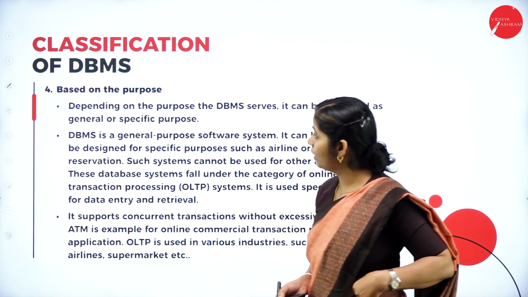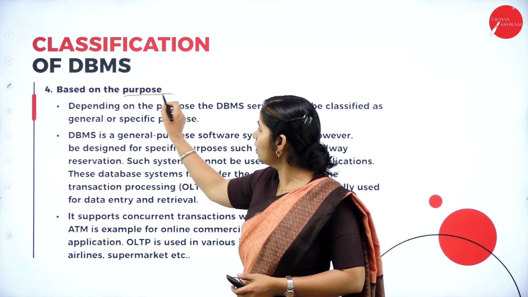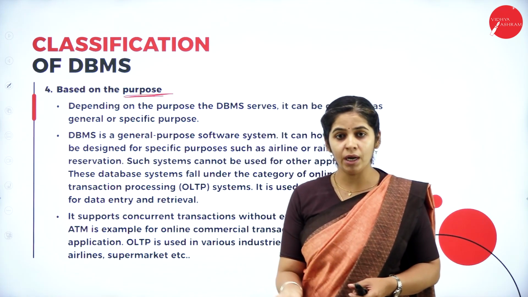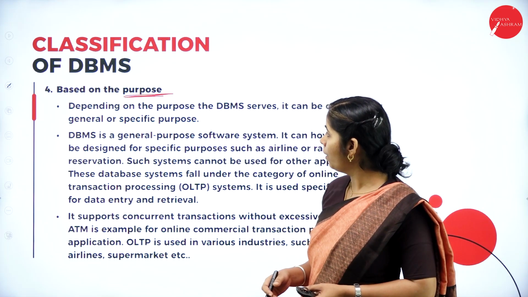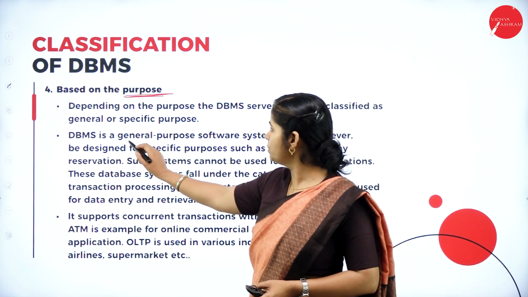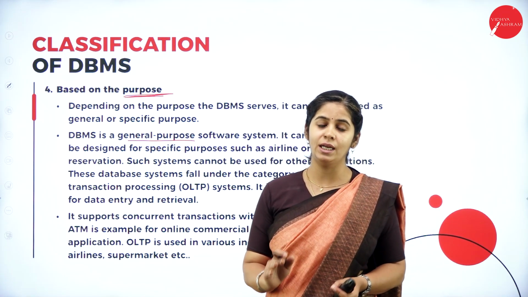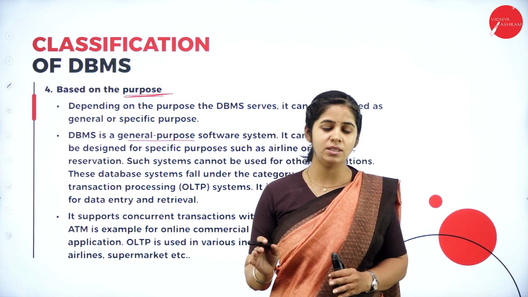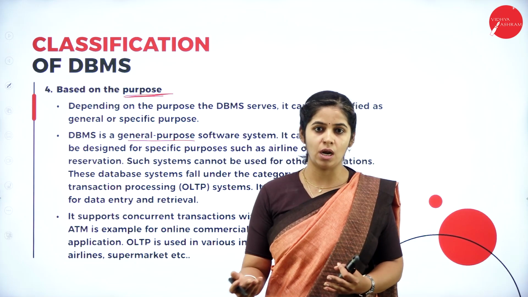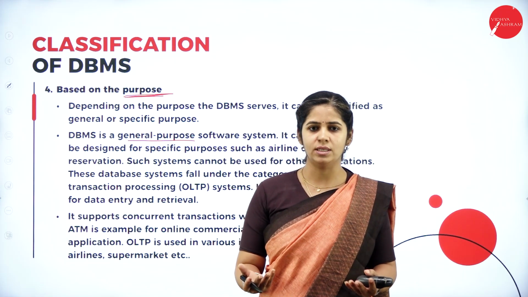And next, we have one more type of classification, based on purpose. Why are we using the database? Depending on the purpose we can categorize the database as general purpose and specific purpose. For example, the Google database is a general purpose database. You ask anything, Google has an answer for that, right?